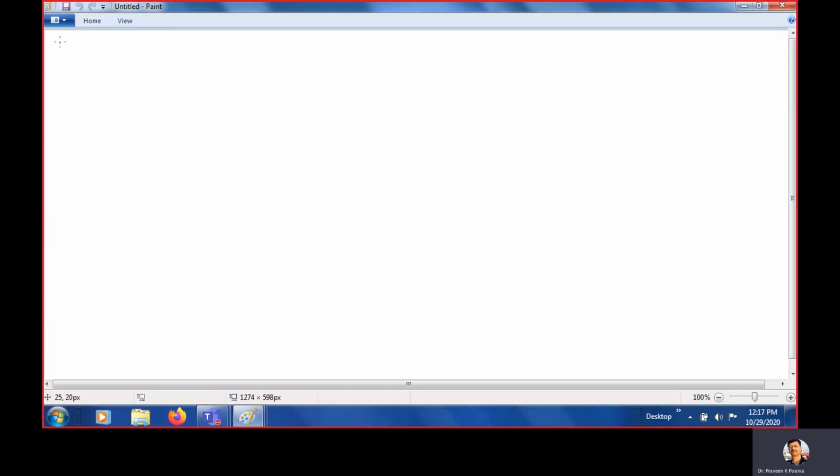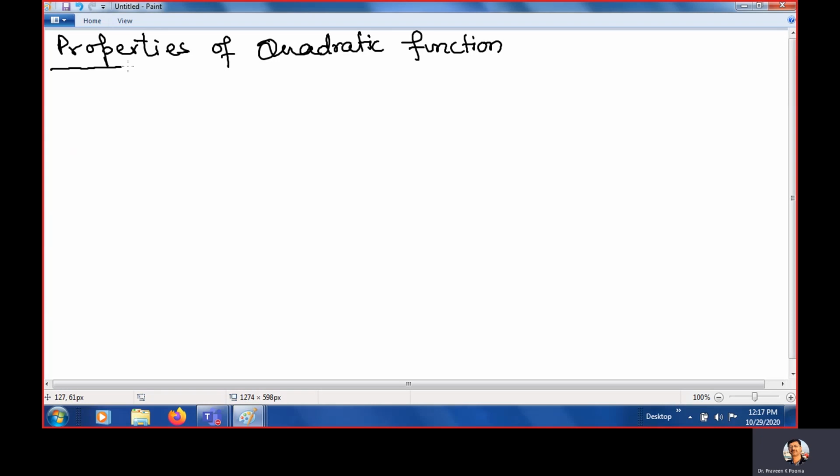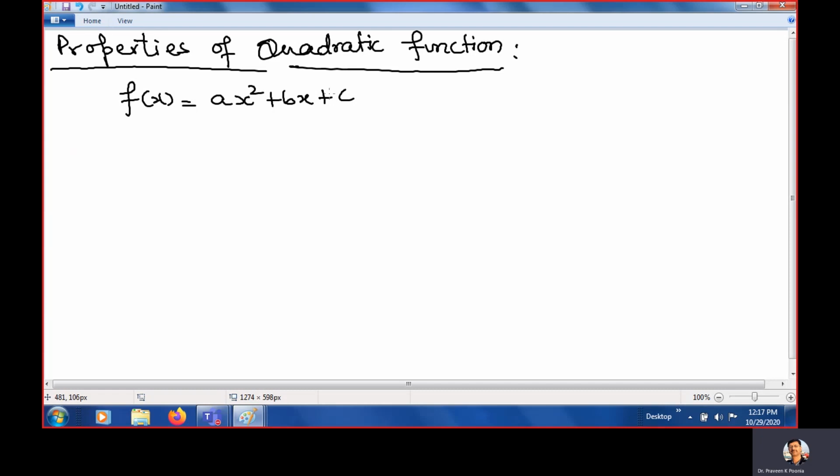What are they? Let us look. Properties of quadratic function. What is the function? f(x) equals ax square plus bx plus c.